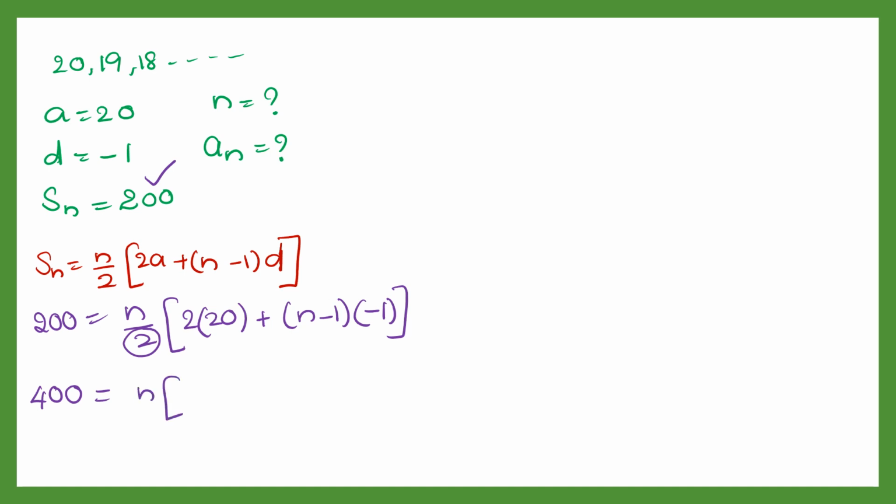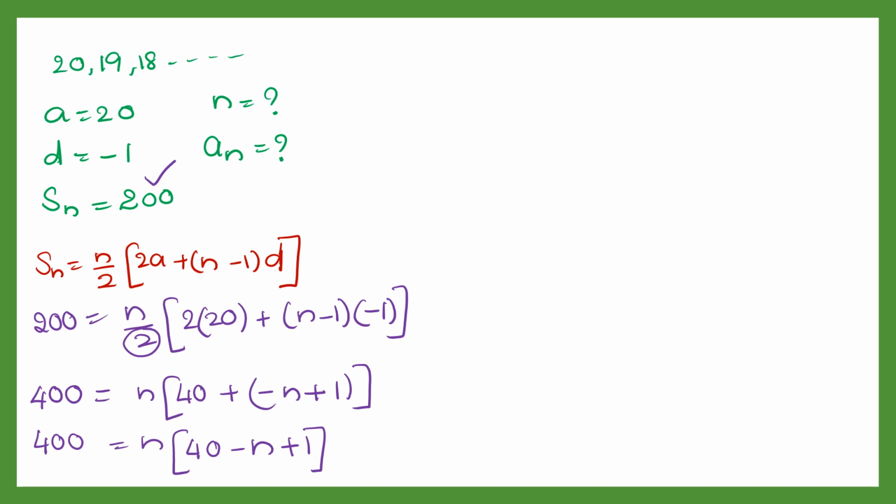That equals n into 40 plus n into minus 1, so minus n, and minus 1 into minus 1 is plus 1. So 400 is equal to n into 40 minus n plus 1, so 400 is equal to n into 41 minus n. So it is 41n minus n square.